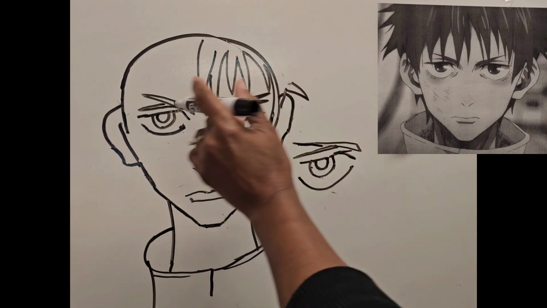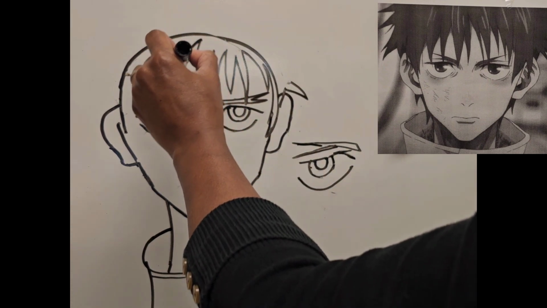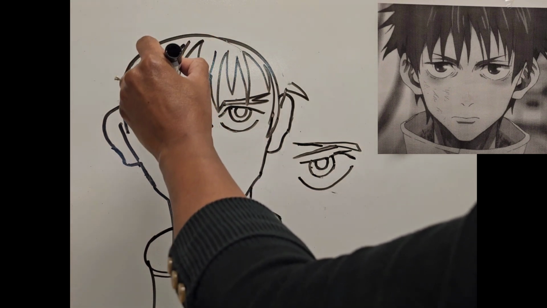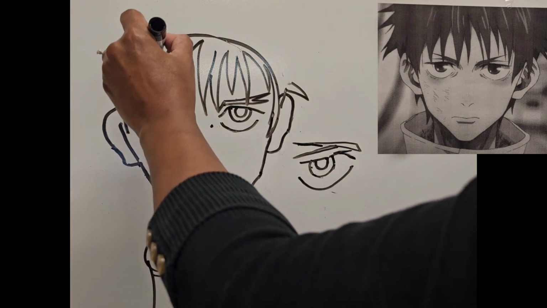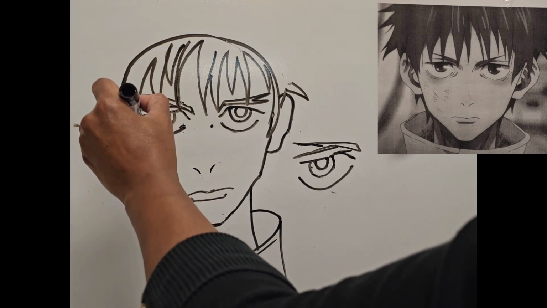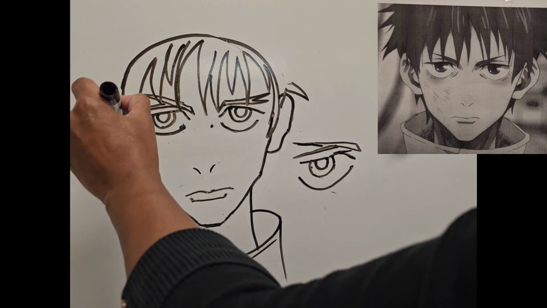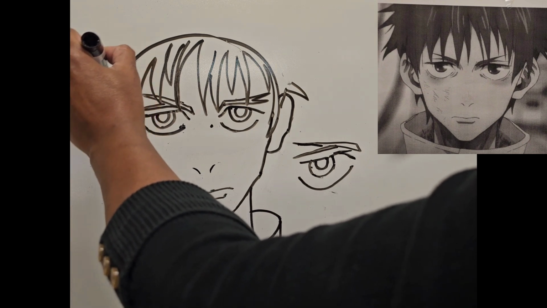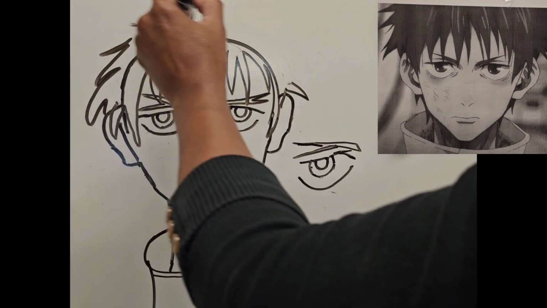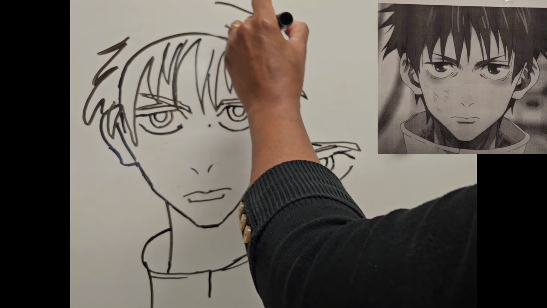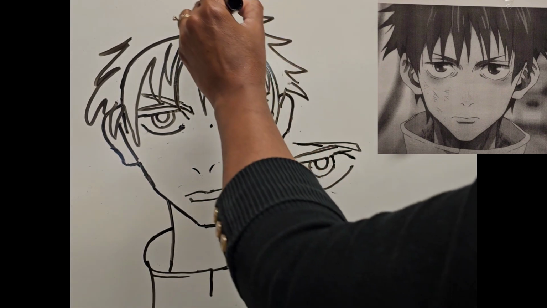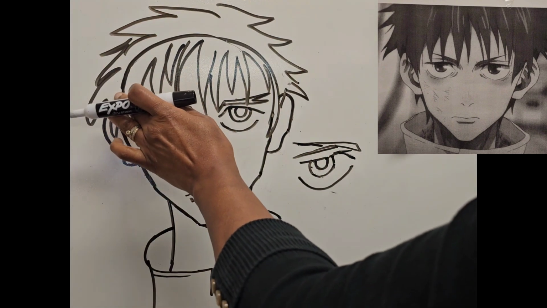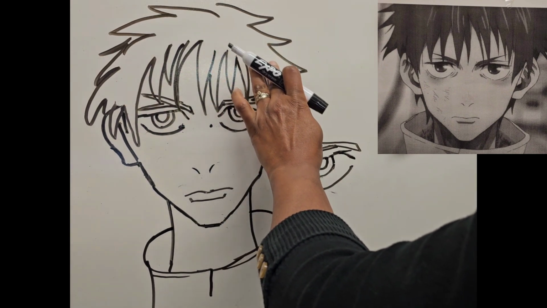And that's not happening there. Let's come over here. I can't see how the other parts of the hair look, so I'm just going to guess on it. I'm going to take this line out of there.